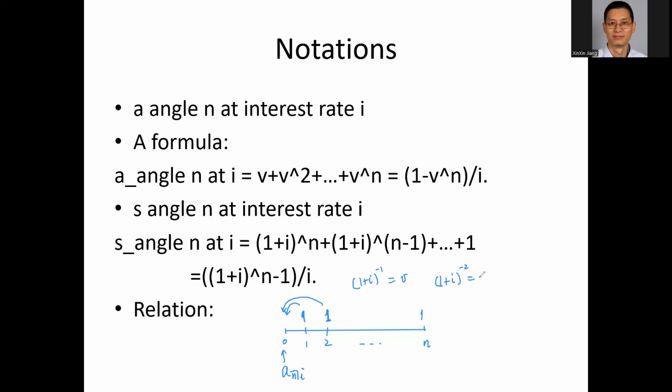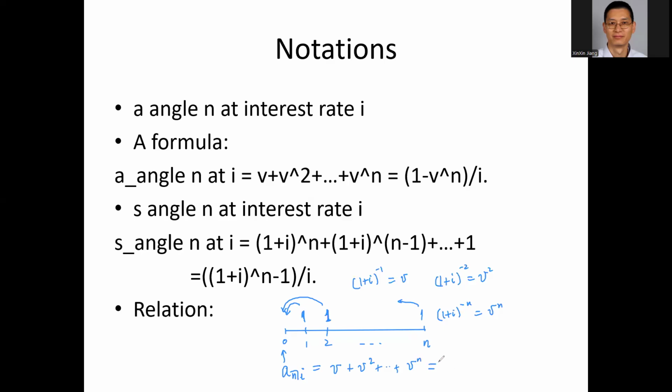2, which is v squared. And for the last one, you move back, this is 1 plus i to the negative n, which is v to the n. So this present value is simply the summation of these present values, for all the payments.